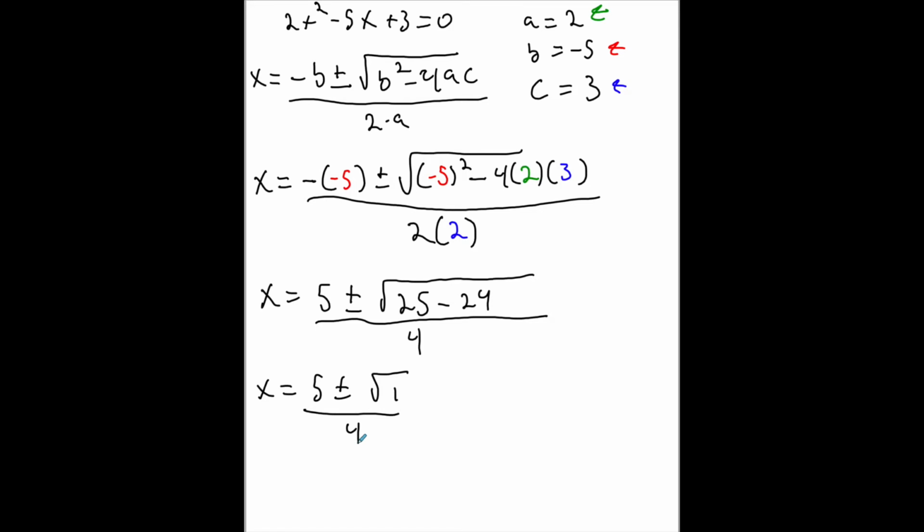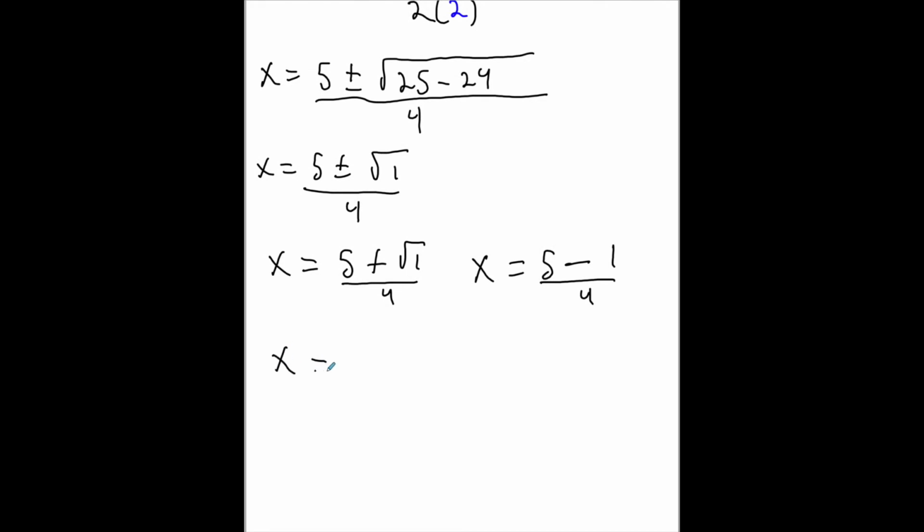Now I can break it up. I have x is equal to 5 plus the square root of 1 all divided by 4, and x is equal to 5 minus the square root of 1, which happens just to be 1 divided by 4.